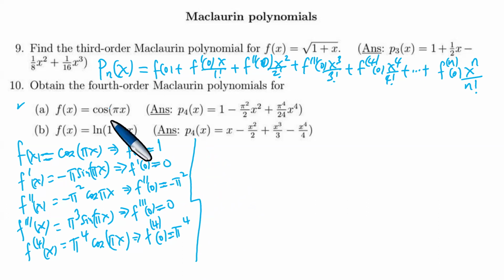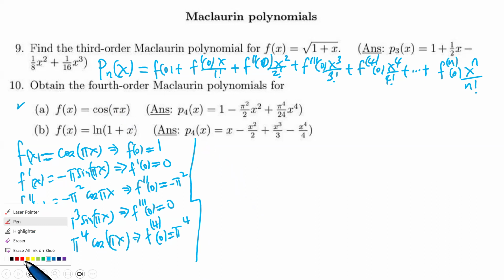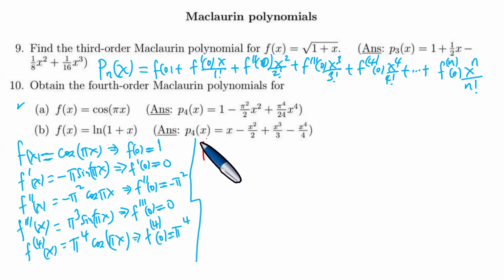So that then you have, okay, here you need the fourth order. So the fourth order, you can call it P4 of x. So you start: f of 0 is 1. F prime of 0 is 0, and put 0x over 1 factorial.